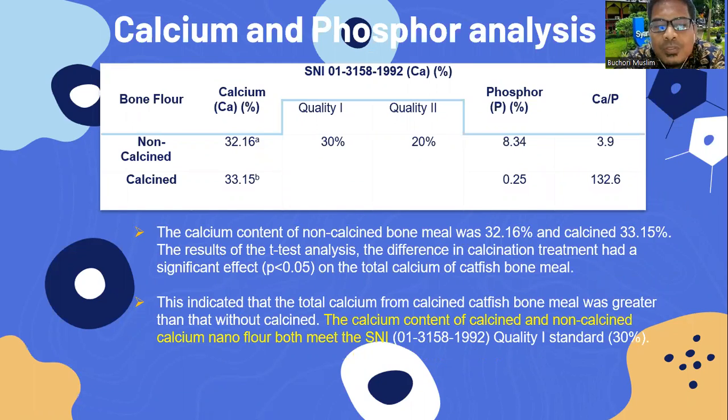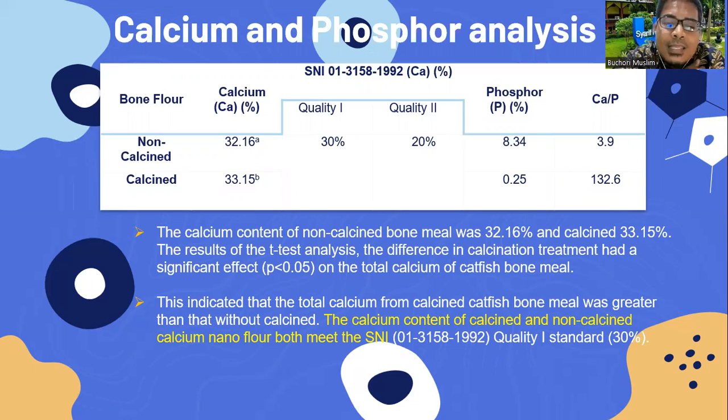And the next slide, this is the table of calcium and phosphorus analysis. The calcium content of non-calcined bone meal was 32.16% and calcined 33.15%. The result of the t-test analysis: the difference in calcination treatment had a significant effect on the total calcium of catfish bone meal.